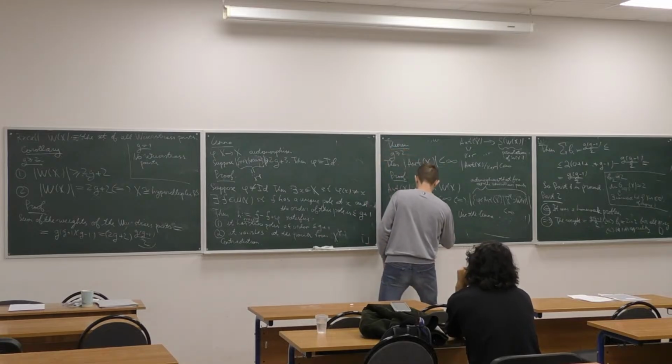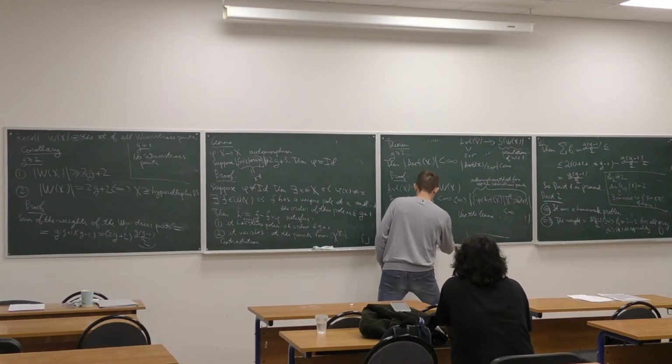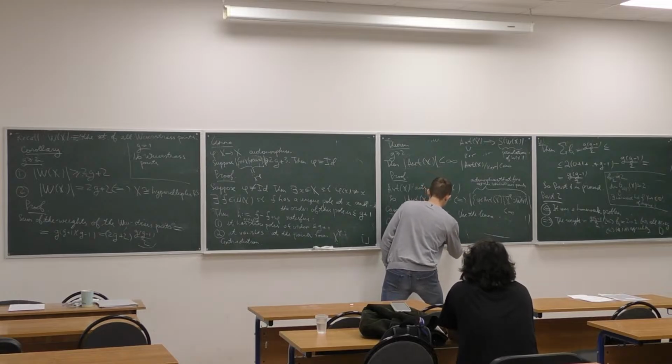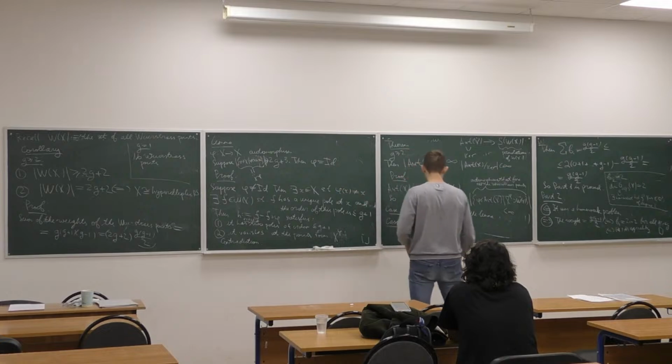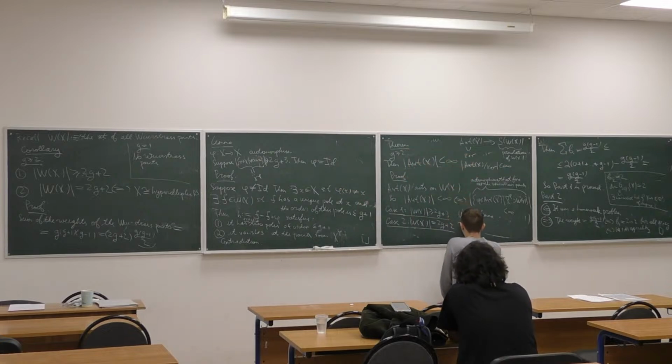So the rest is the case when the number of Weierstrass points is exactly 2G plus 2. But then again, by this corollary, X is hyperelliptic.